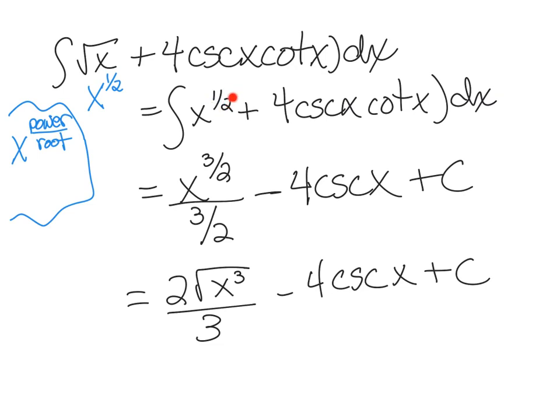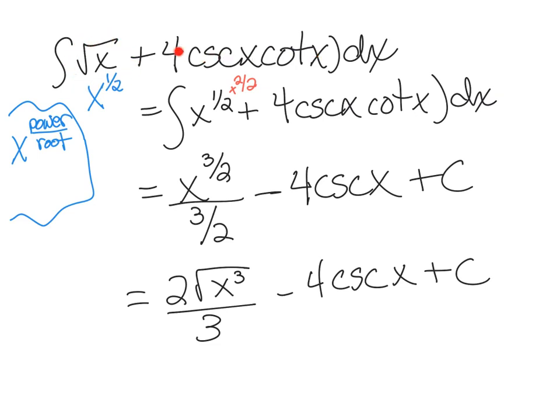So I'm going to add 1 to this, and adding 1 means adding 2 halves, which gives me x to the 3 halves divided by 3 halves. Now when you divide by a fraction, you're going to flip this over and multiply. So the 2 is on the top and the 3 is on the bottom. The power, the top is the power, the bottom is the root. So I've got x to the 3rd power, 2nd root. And that's how you do the integral of a radical.